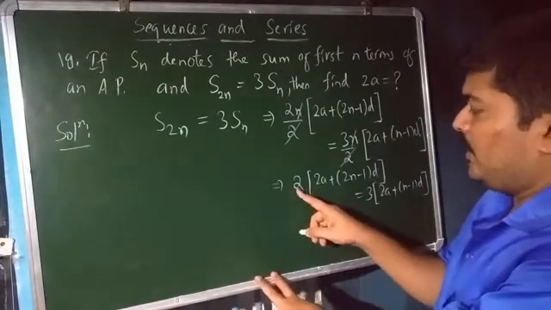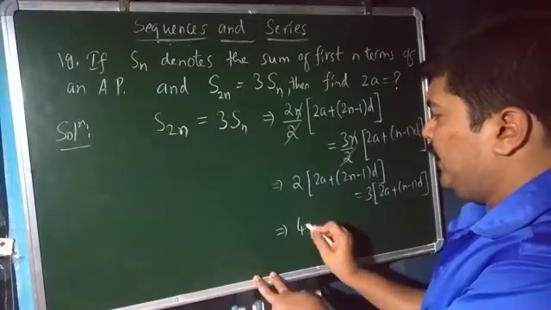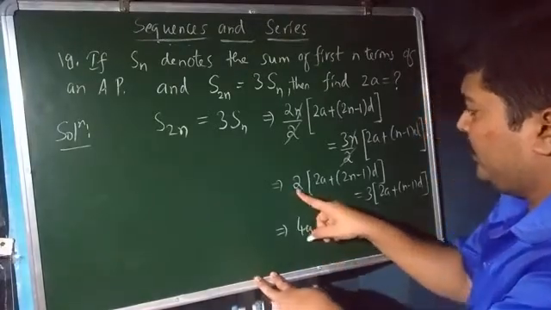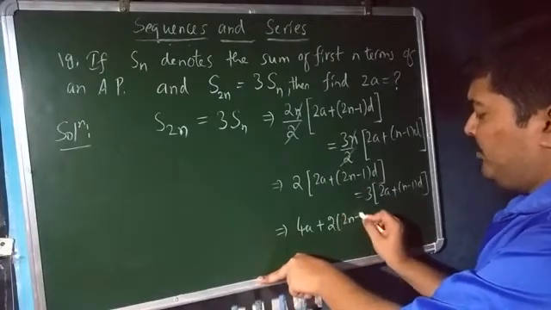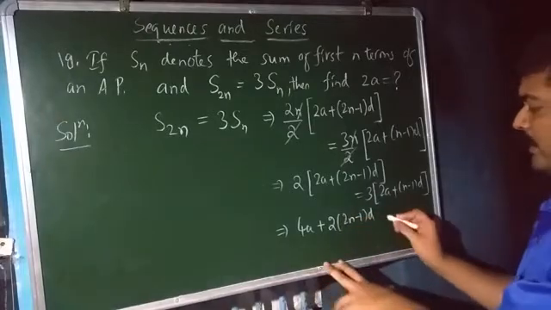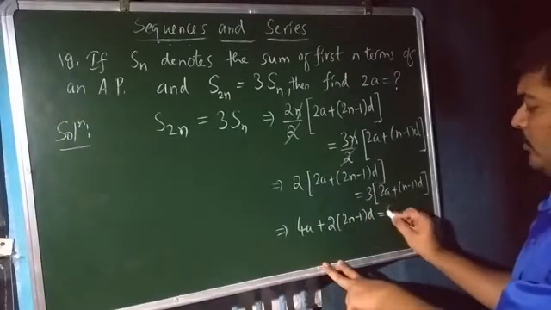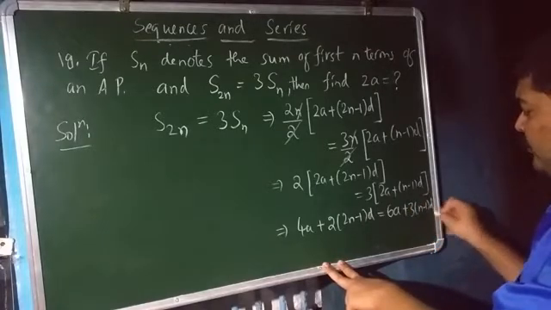Now we are left with 2 into 2a, that is 4a, plus 2 into 2n minus 1 into d as it is. No need of multiplying inside, keep as it is, equal to 3 into 2, that is 6a, plus 3 into n minus 1 into d.